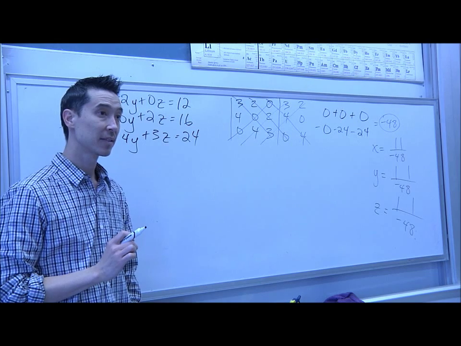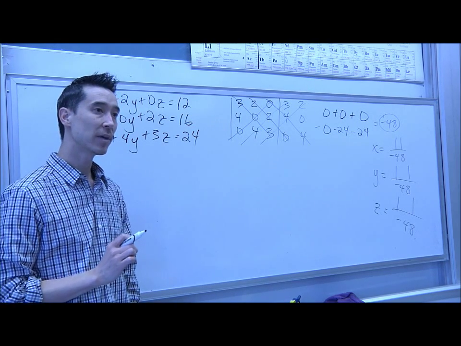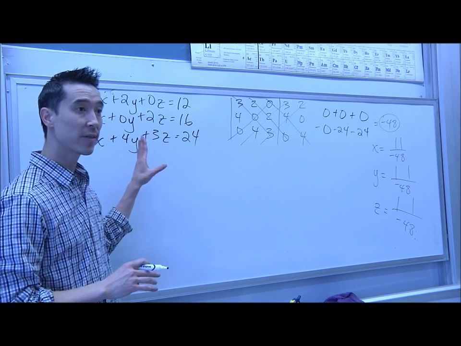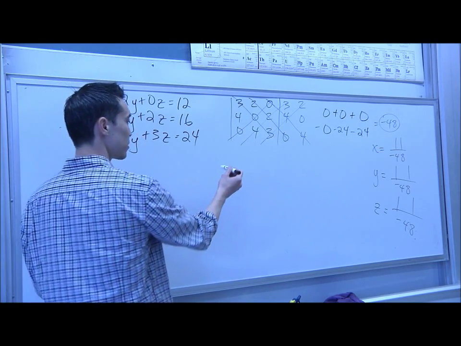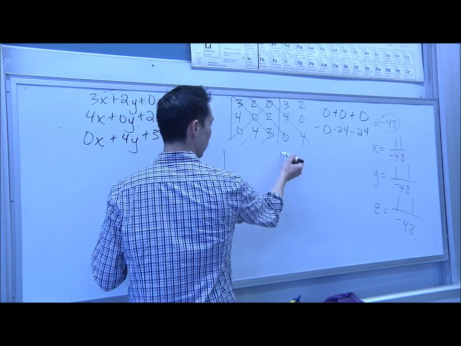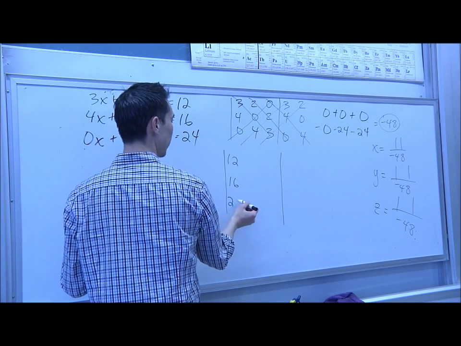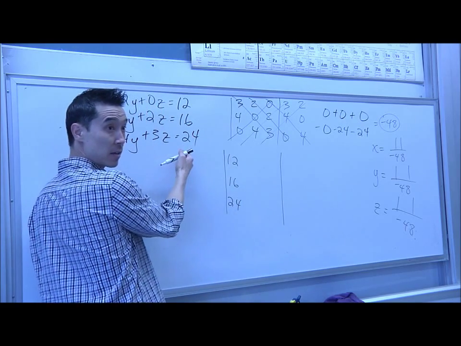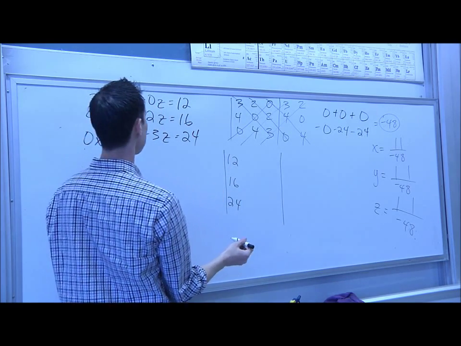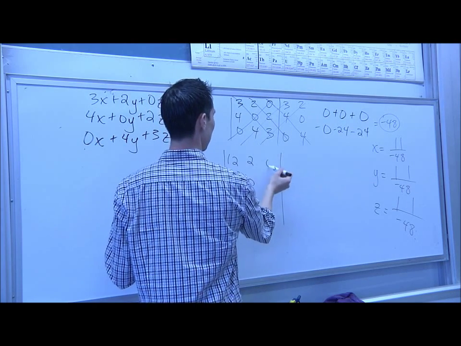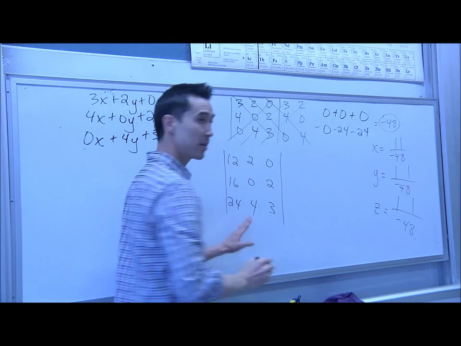Okay? All right. Can somebody tell me, just by looking at this problem, what the x numerator determinant is going to look like? 12, 16, 24. I replace the x column with the numbers on the right, and then what comes next? 204, and then what? Does everybody see where this came from?